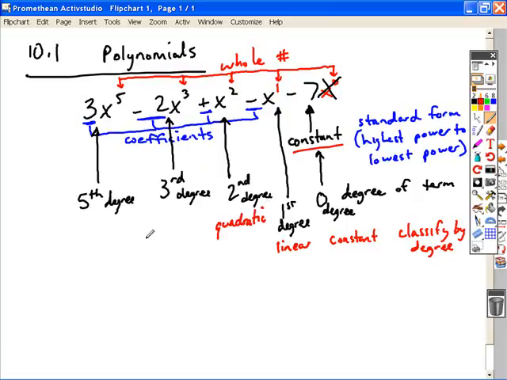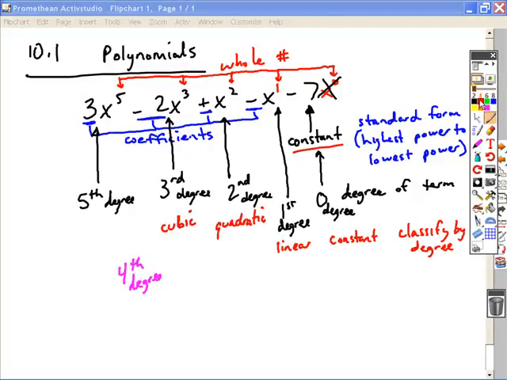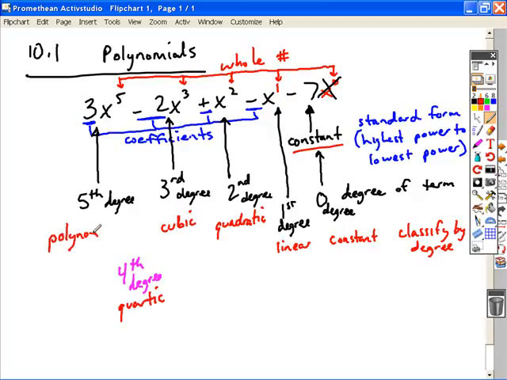A 3rd degree is classified as a cubic. 4th degree, which isn't included in this, but I'll write it down here. A 4th degree term or expression would be classified as a quartic. And anything beyond that is just going to be classified as a polynomial.